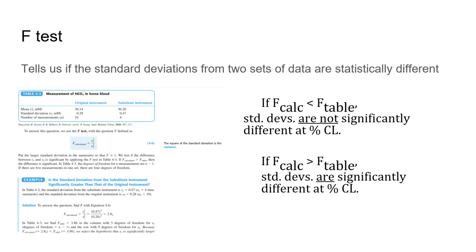This one is, I believe, 4.2, and they're talking about the F-test. The F-test tells us if the standard deviations from the two sets of data are statistically different. So all you need in here is the standard deviation of one part and then the other part, so we can run an F-test on it.